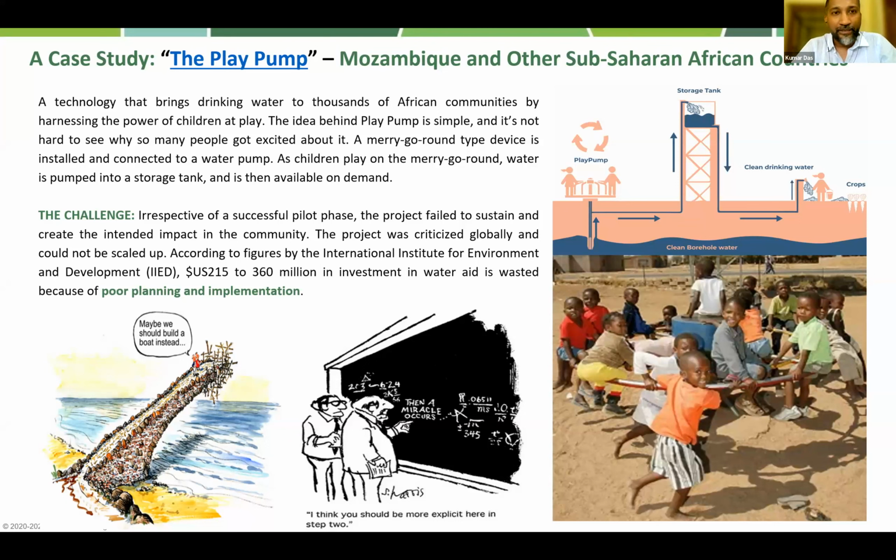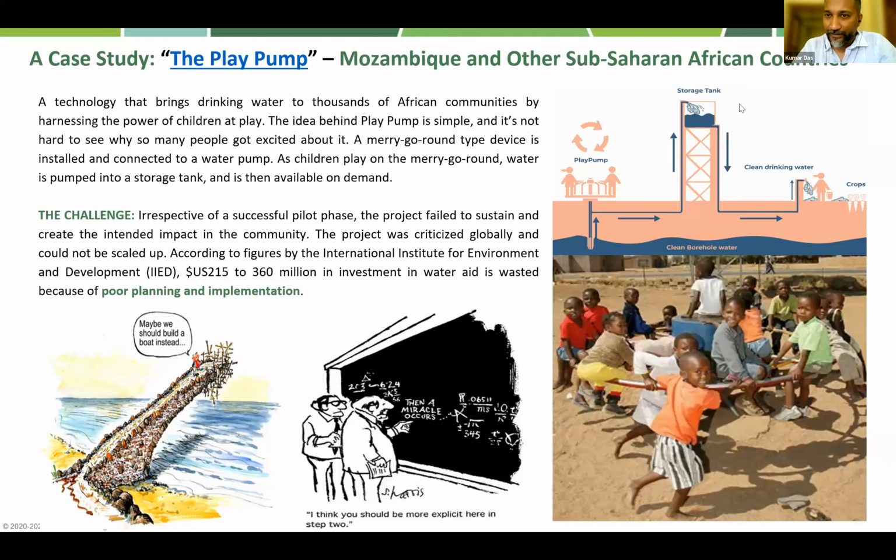The idea of the PlayPump was a community-driven initiative. When a child plays, it is automatically connected with a water pump, and because the child is playing, the water is stored in a storage tank, and then on the basis of demand, the water is available to the community. That was the overall idea.